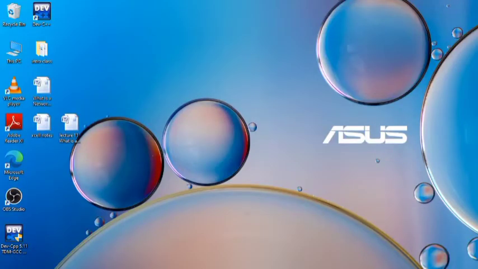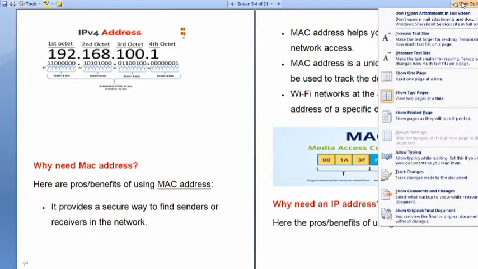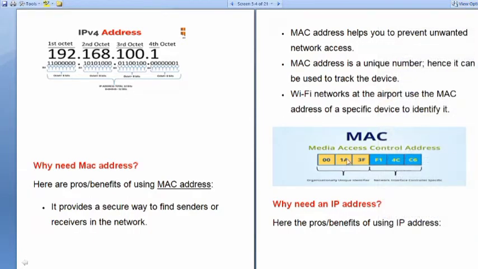For example, let us take a MAC address: 00:1A:3F. This will remain constant, whereas F1, 4C, and C6 will change.